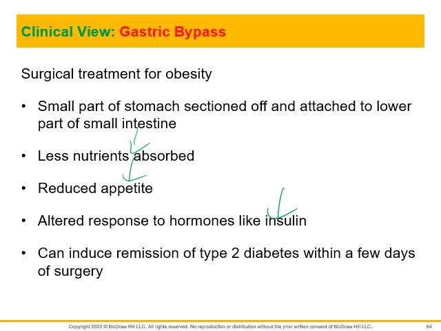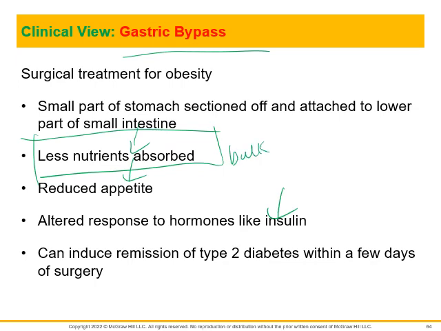And most of the time, if somebody is getting a gastric bypass, it's because they have so many other issues that are life-threatening. So they could have high blood pressure, they could have diabetes, they could be having cardiac issues, they could be having edema, swelling in the legs. So there's lots of reasons that we would want to do this, but pay attention to the fact that less nutrients are being absorbed.